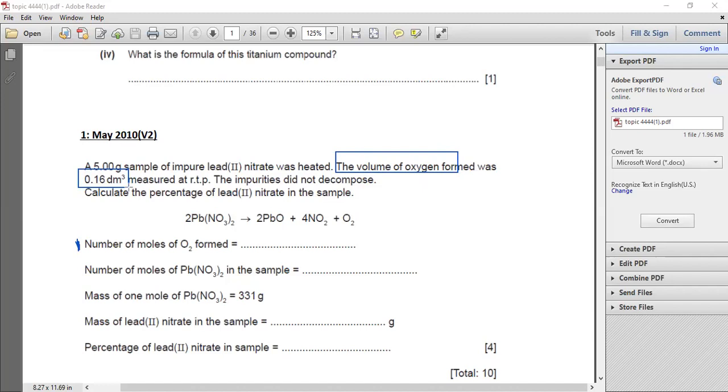So I will use mole equals volume divided by 24. The volume is 0.16 divided by 24. Now it will be 0.0066, okay?